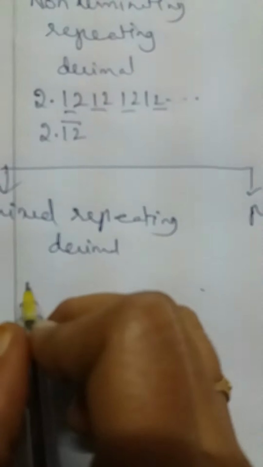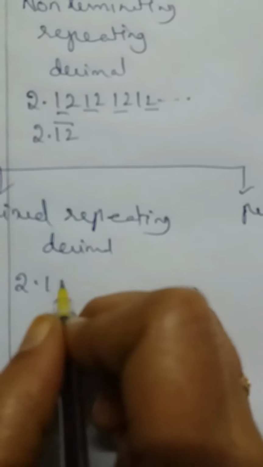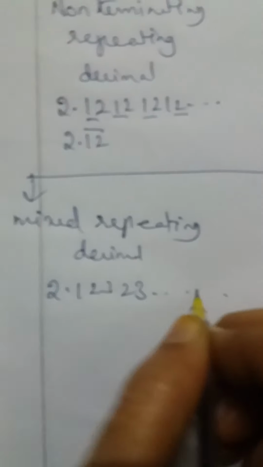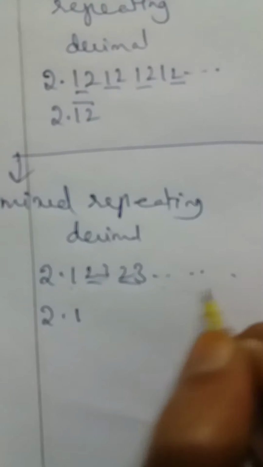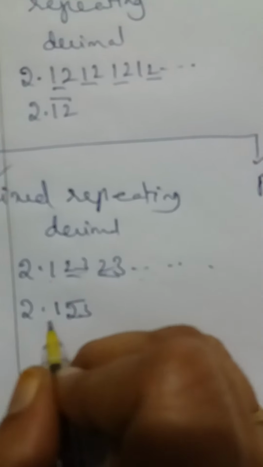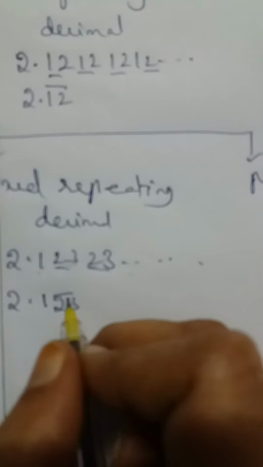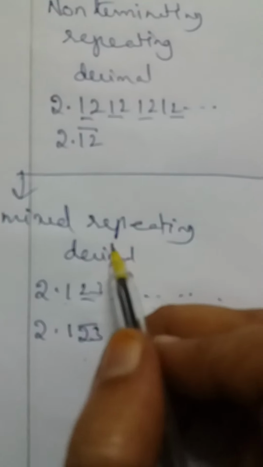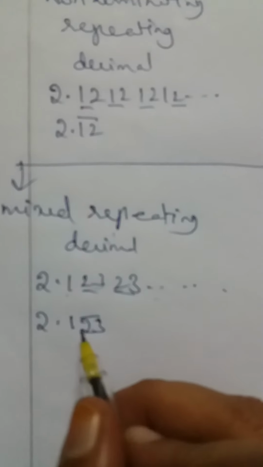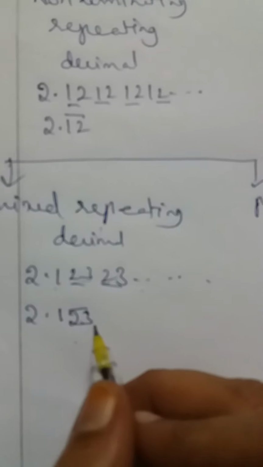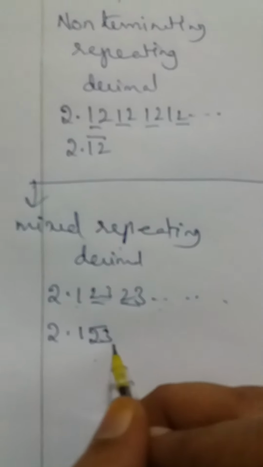Observe 2.12323 and so on. In the decimal part, 1 is not repeating, but 23 is repeating continuously. So we write 2.123 with a bar over 23. Some part of the decimal is not repeating and only some part is repeating, so it is a mixed repeating decimal.